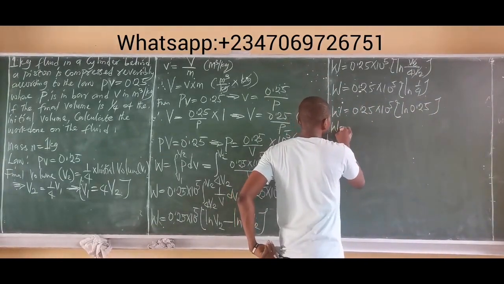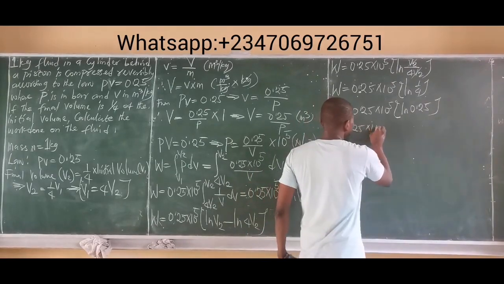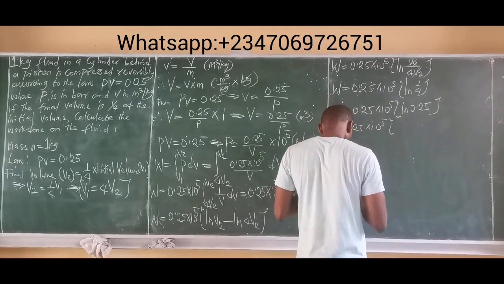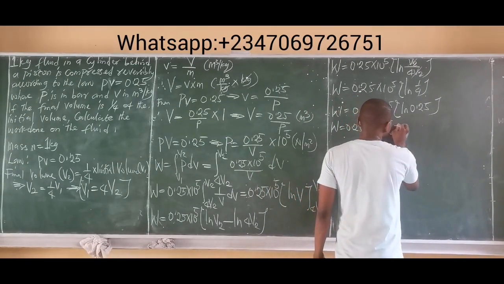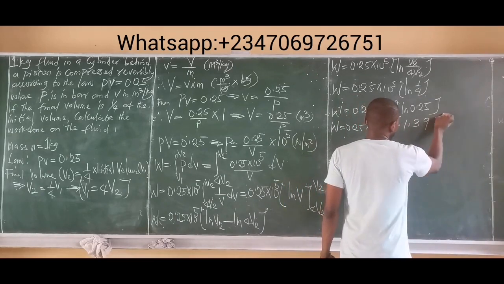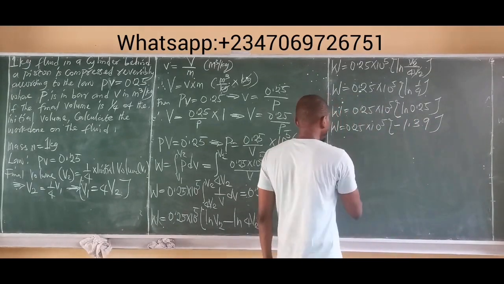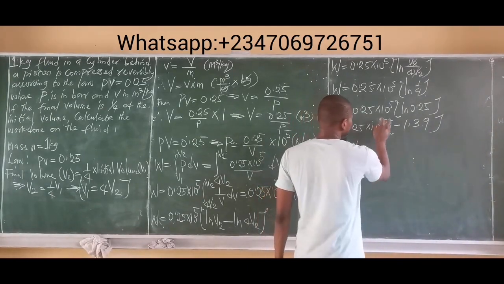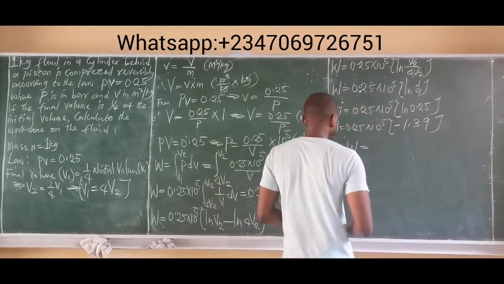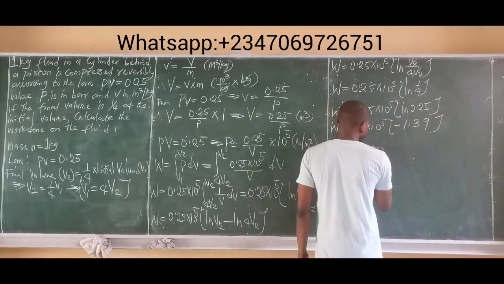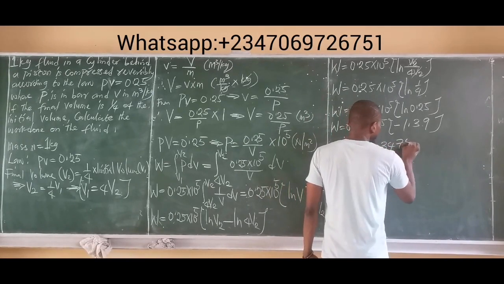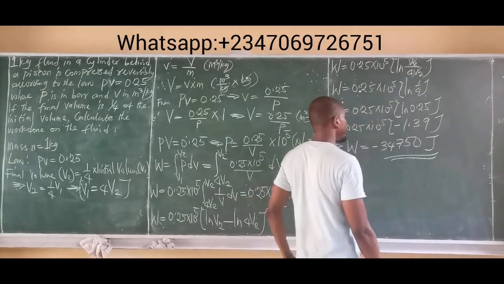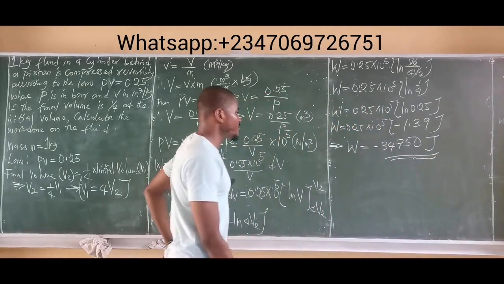Let's now obtain ln 0.25. ln 0.25 is approximately minus 1.39. So we simply multiply that value. This implies that work done is equal to 0.25 by 10 to the power of 5 multiplied by minus 1.39, which gives approximately minus 34750 joules. So the work done is minus 34750 joules.